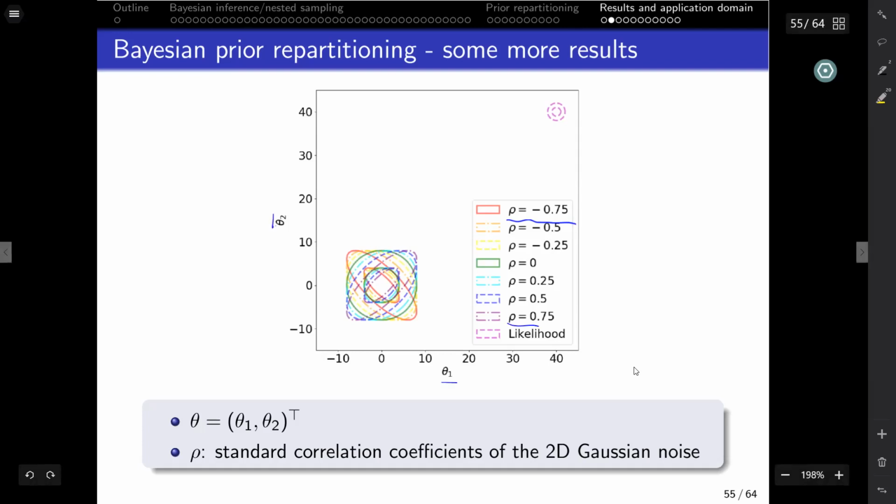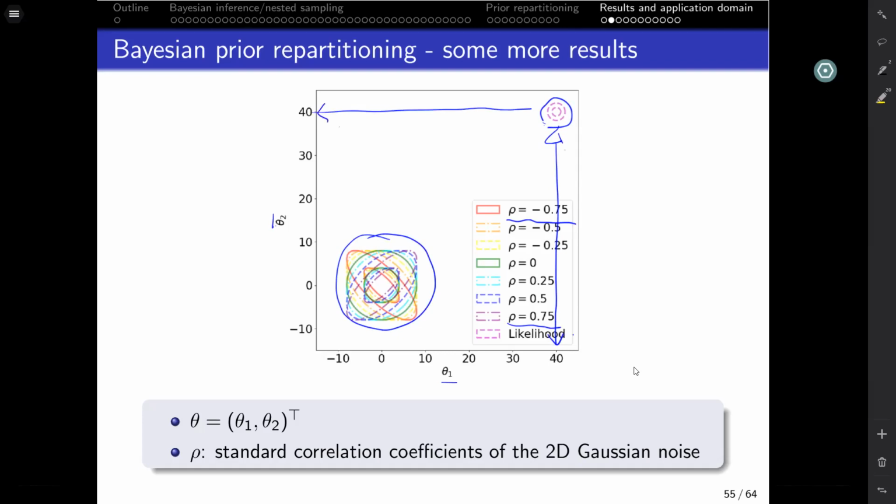The positive correlation and negative correlation are illustrated in this figure. And we set an extreme case here, which is also 40 and 40, far away from the correct one. The correct one is still the same as the example we introduced previously.